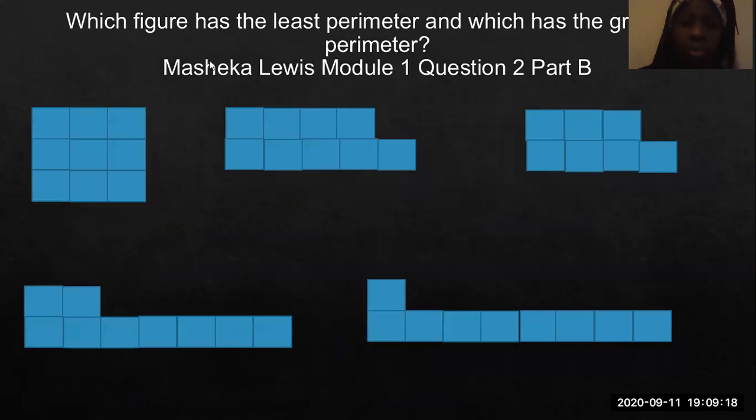Now, as we remember, this is 12, 14, 15, even though it's missing a square, 18, and 20. So if we calculate which is the greatest and which is the least, 12 will be the least and 20 will be the greatest perimeter. Now let's clear and go to the next.